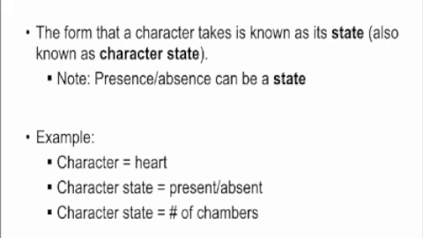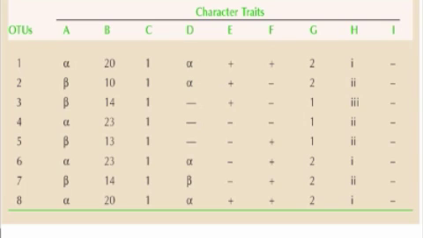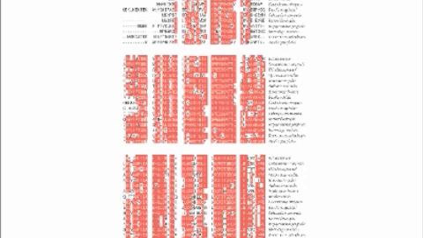And the way we represent this for any type of data is what's called a data matrix. You have taxa in rows and characters in columns, and the character states are what you fill out inside the boxes. For sequence data, we represent this as an alignment.